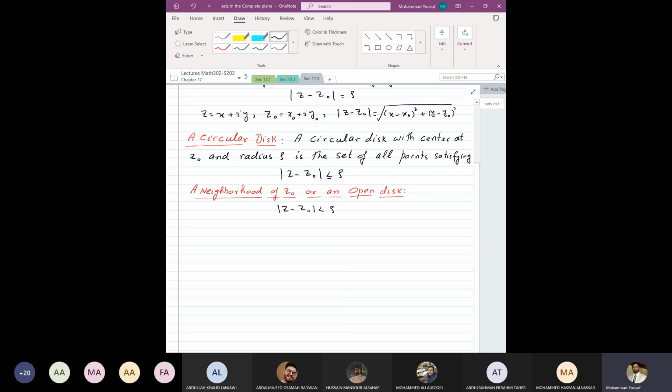So this is a neighborhood with center at Z0 and radius rho, but this is open. Any boundary is not included. We call it an open set or a neighborhood of point Z0.